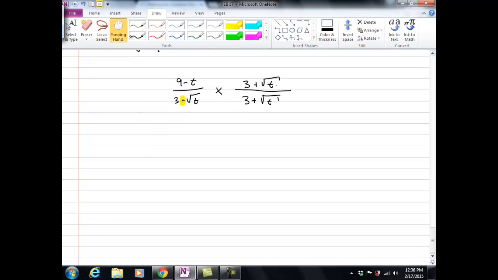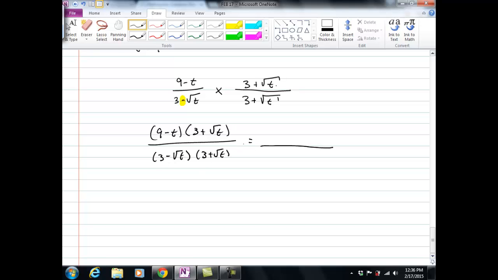Now we're going to multiply this out. It'll be 9 minus t times 3 plus root t, all over 3 minus root t times 3 plus root t. When I multiply this out, if you FOIL the bottom, you should have 9 minus t. That's what you have on the bottom. Now take a minute and FOIL the top for me, please.